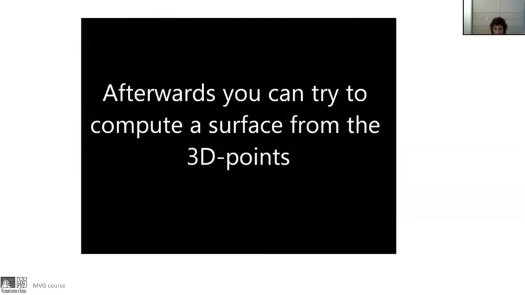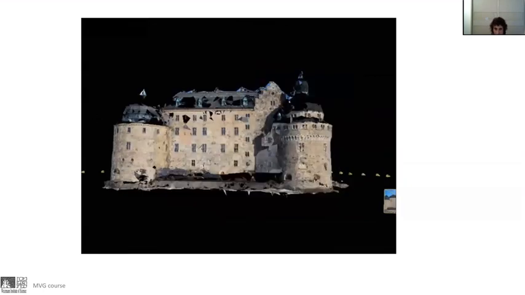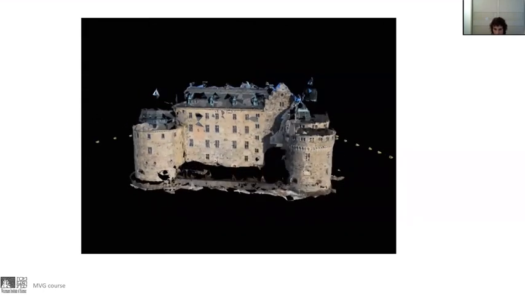As you see, the structure is sparse because it's related to the matched points, and the matched points do not cover the entire images. So you can then make another pass and get a dense reconstruction like here.